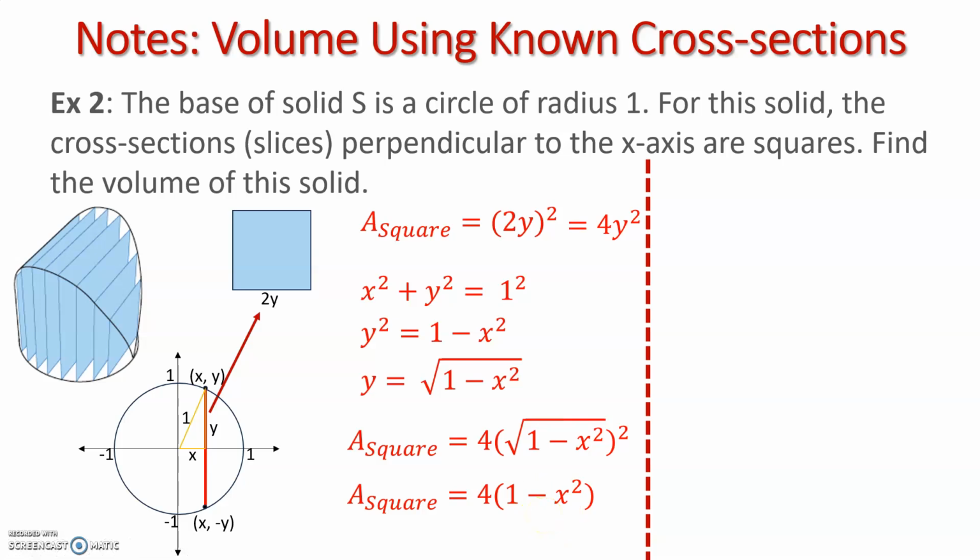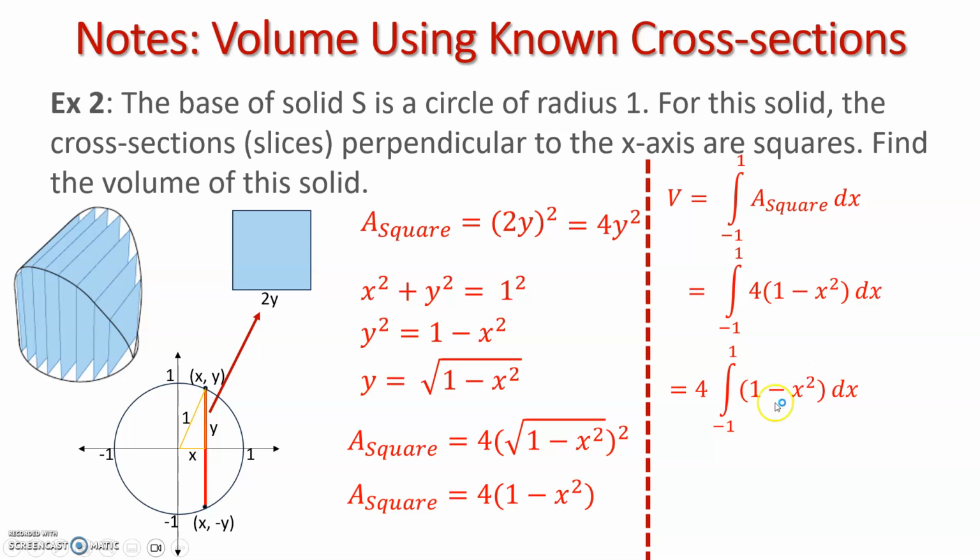Now, remember, our objective is to integrate all of these squares, stacking them all up across the space, in this case from -1 to 1. So the volume is the integral from -1 to 1 of the areas of all these cross-section squares. So this is the integral from -1 to 1 of 4 times 1 minus x squared dx.